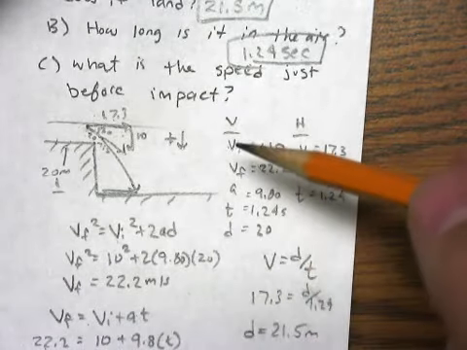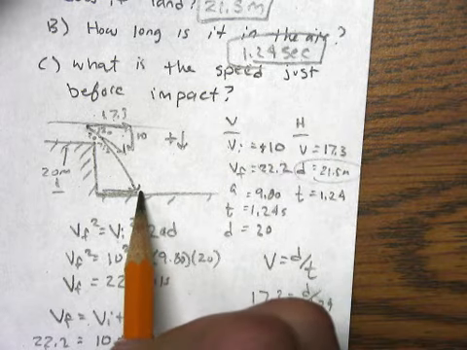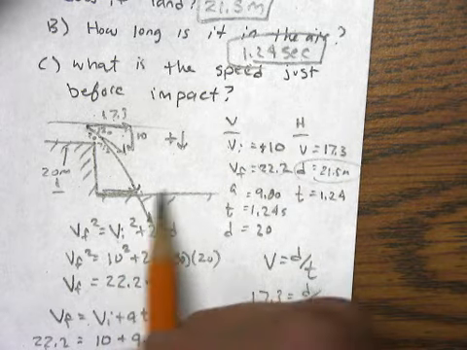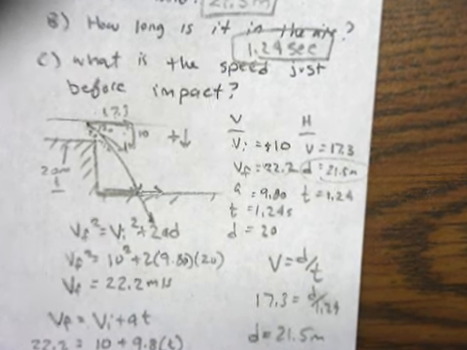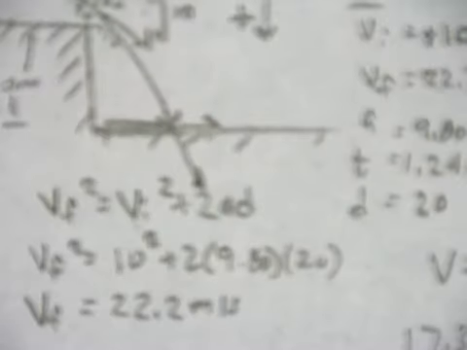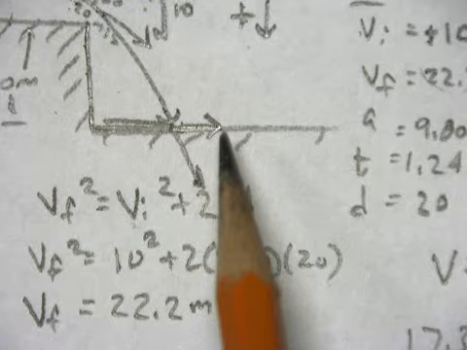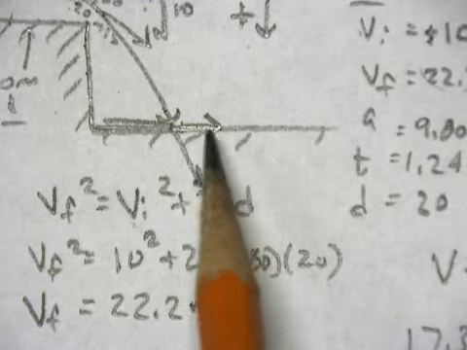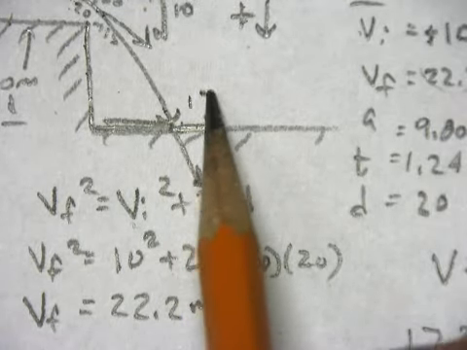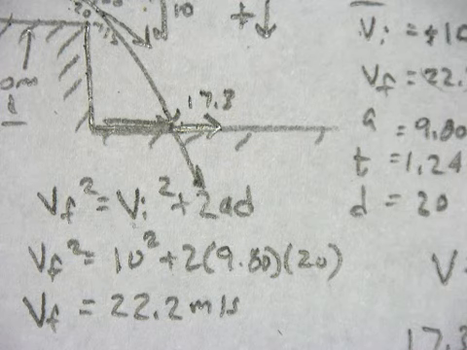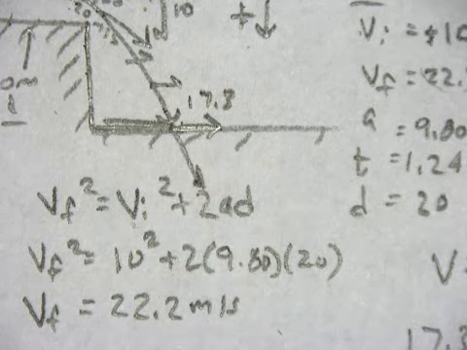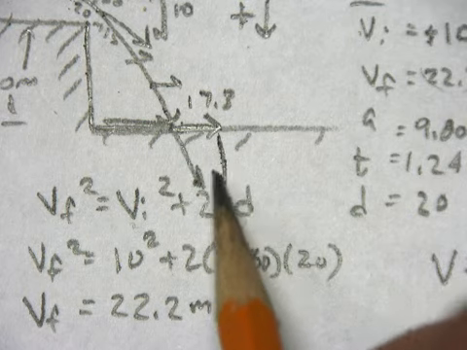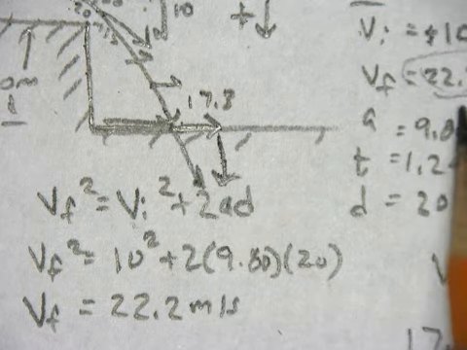Let's see. It's moving forward when it hits the ground right here, at 17.3. It always moves forward at a constant velocity. So anywhere along that, it's always moving 17.3. Vertically, it's moving down at 22.2.